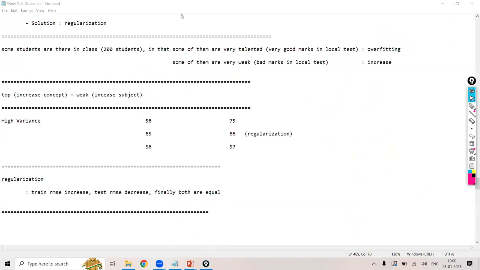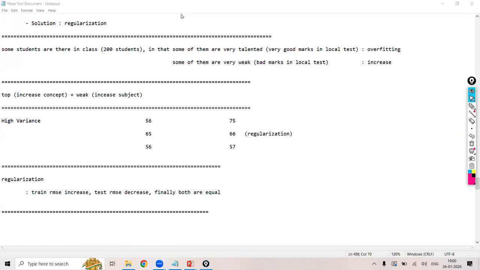Is the point clear, Avinash? Next, Nazir: is it always that train error increases and test error decreases, and can we decrease the train error? It is not data, it is accuracy or error, not data.